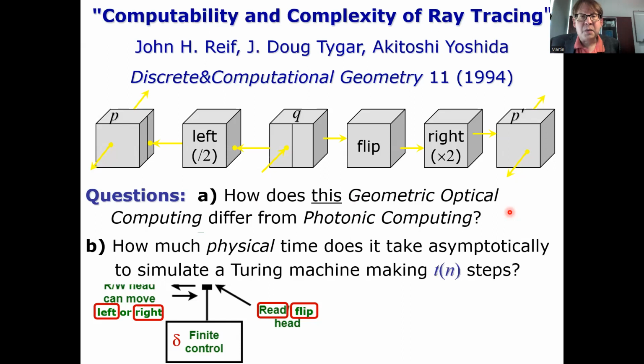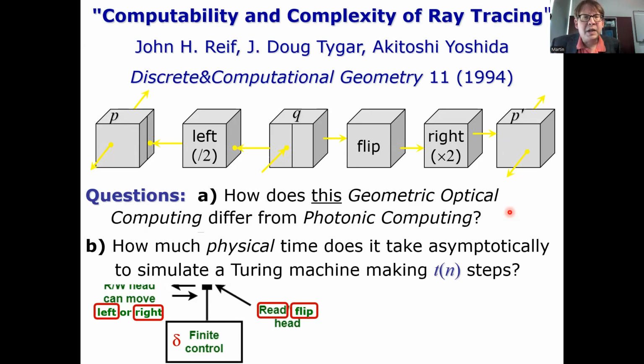The next question I want you to think about is about efficiency. So suppose we are simulating a Turing machine that makes T of n steps, right? Like, for example, a quadratic time Turing machine, n squared steps, cubic time Turing machine, n cubed steps, or an exponential time Turing machine, 2 to the n steps.